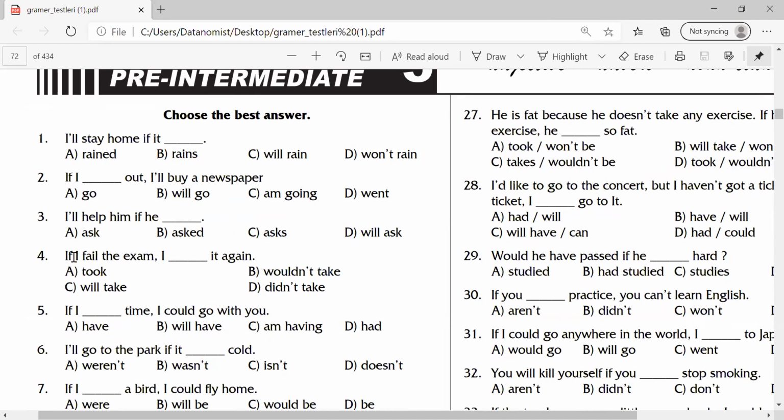In this sentence, he has given the complete condition and the blank is in the primary. And I know the combination: if I present, I future. Here, because this is present, I'm looking for future. Took, no. Wouldn't take, no. Will take, yes, future. Didn't take, no. My answer is will take. Okay.